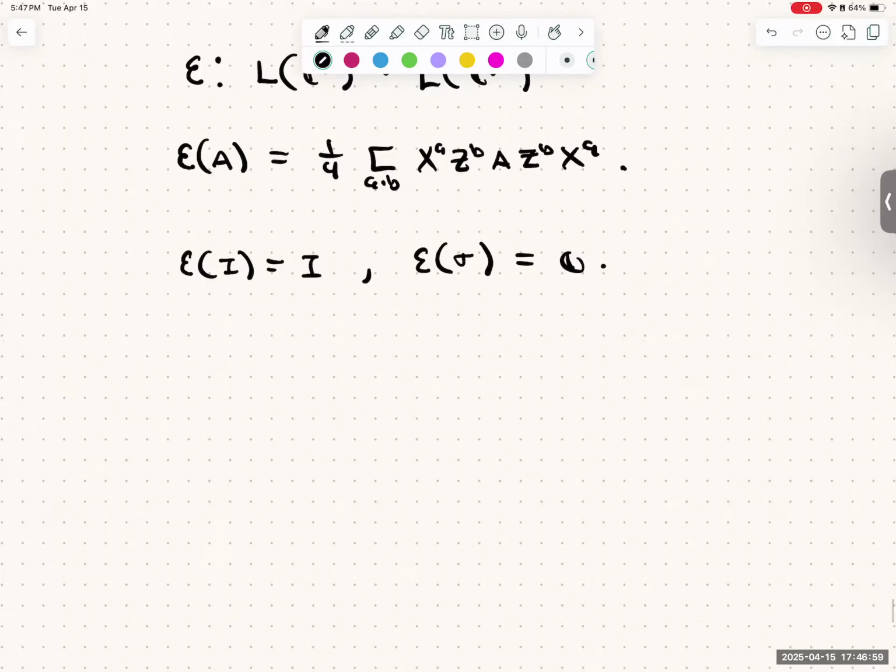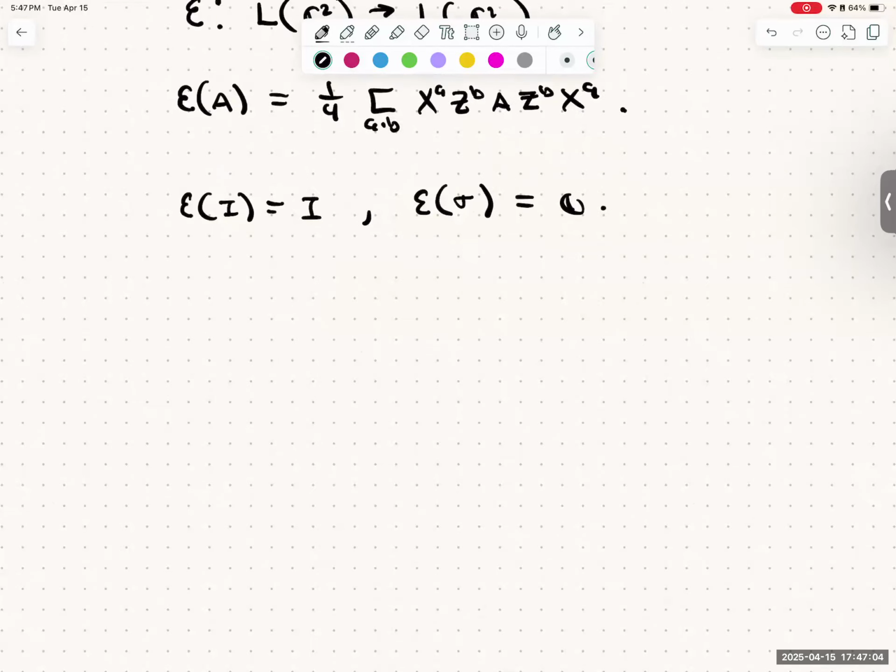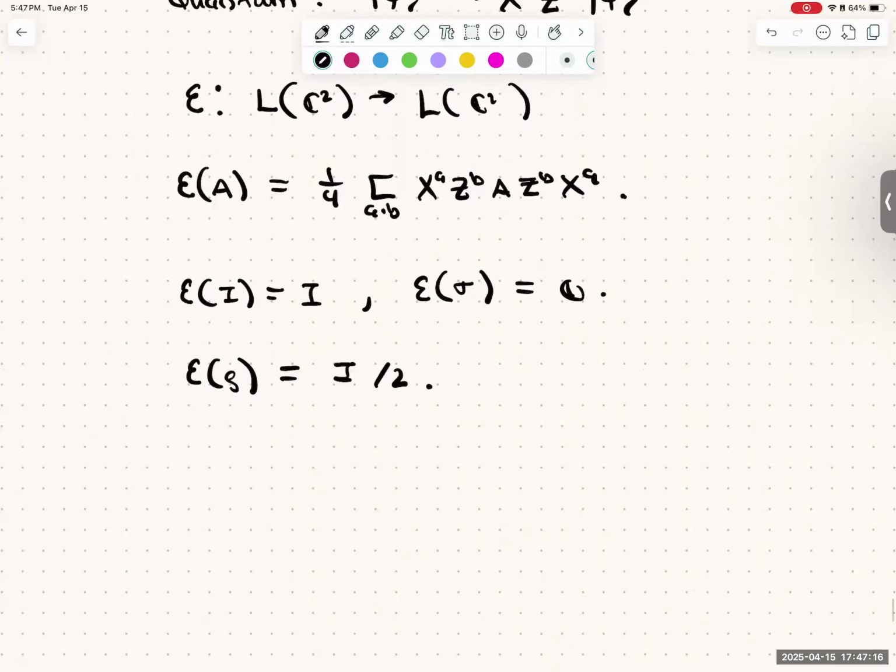Then you can expand A in this Pauli basis, and that basically gives the result. So for any quantum state, the effect of this thing is going to be the totally mixed state for a single qubit. Bob gets absolutely no information from manipulating this thing precisely because he doesn't know these bits A and B.